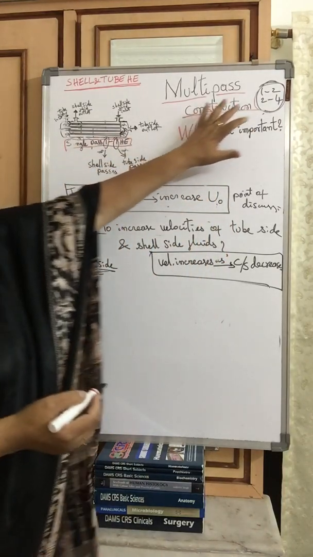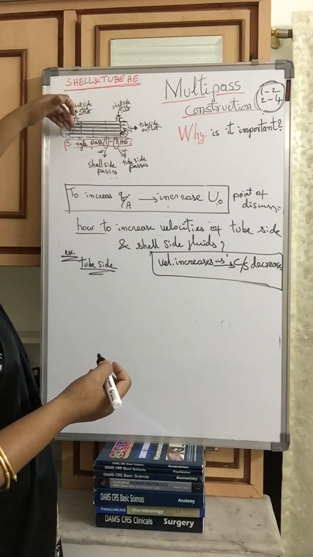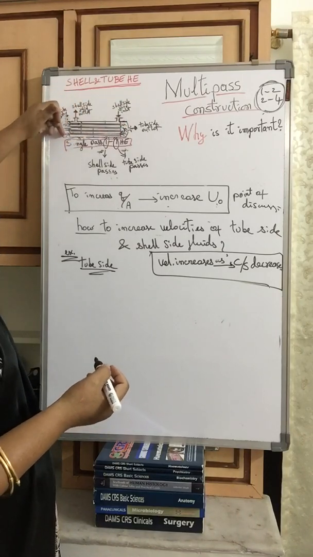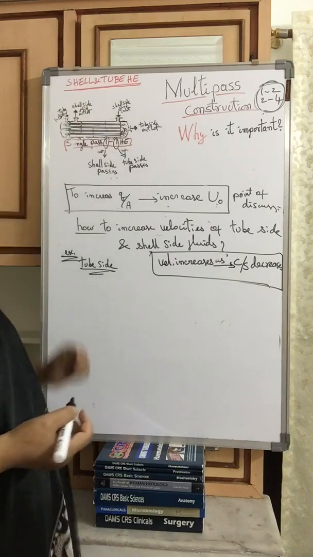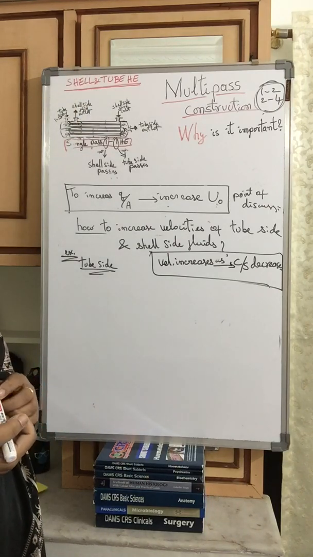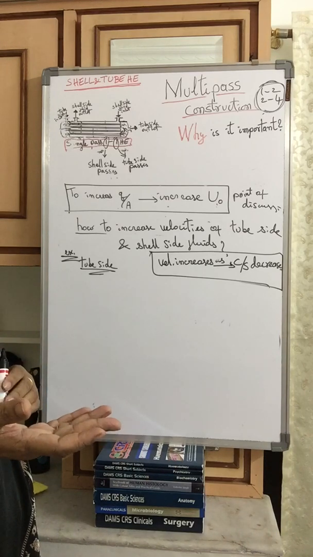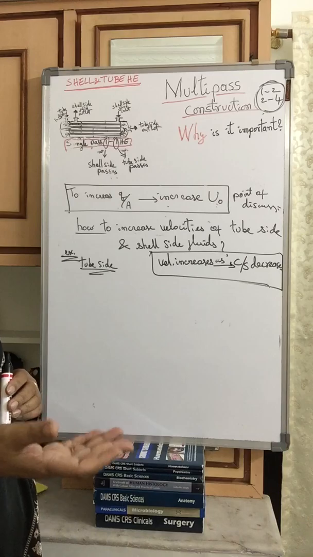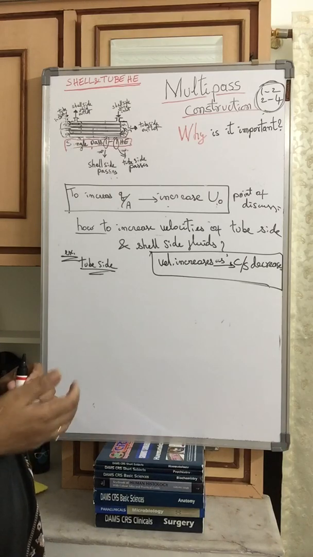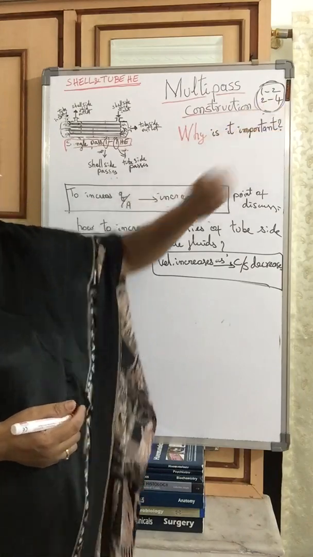In these heat exchangers, we have used this principle of increasing the number of passes by keeping baffle plates. This is why multipass construction is important compared to a single pass, but it has its own advantages and disadvantages. Those things we will discuss when we discuss the 1,2 and 2,4. Thank you.